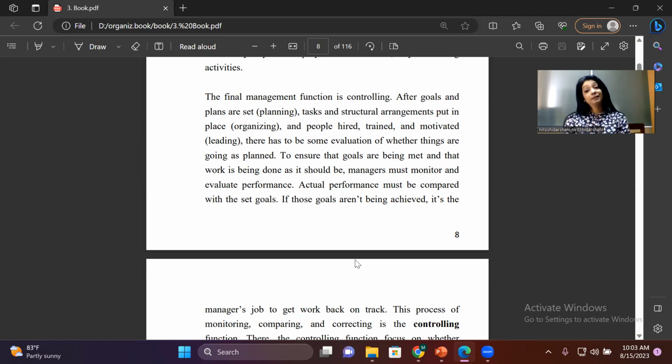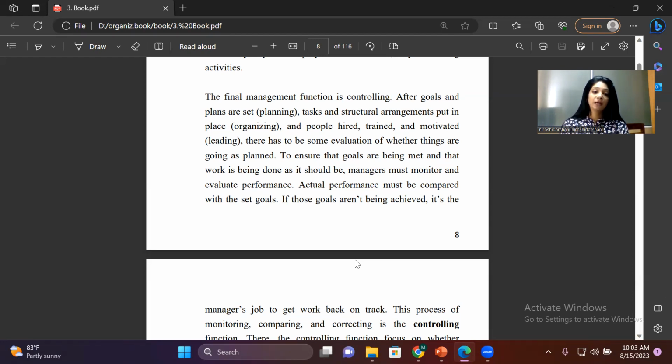Likewise, you may need to change the set standards, or you may need to change the strategies that you have decided. So you have to decide what you are going to do under the controlling stage, because if something is wrong, you have to take action towards that. So you see, the final management function is control.